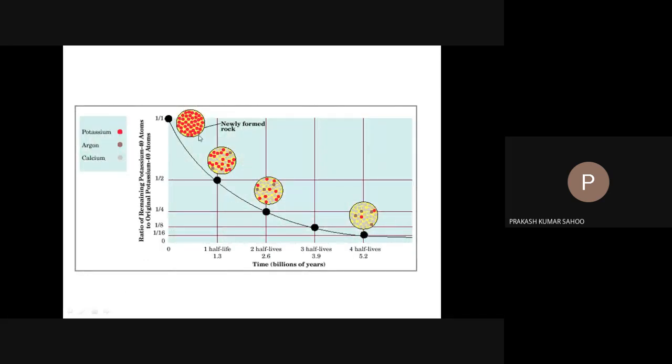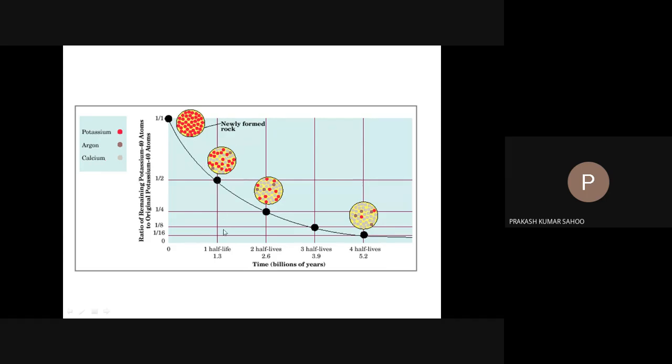So this is transmutation, that is potassium, then argon, then calcium. This is the conversion from potassium to calcium by a radioactive phenomenon. And this type of changing of an element by nuclear reaction or radioactive reaction is known as transmutation, having different half-lives.